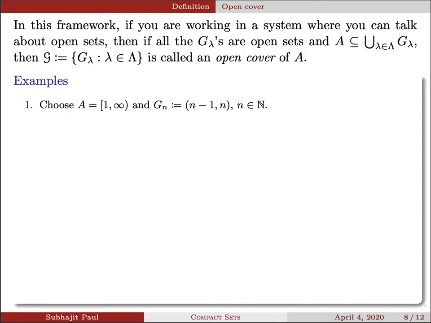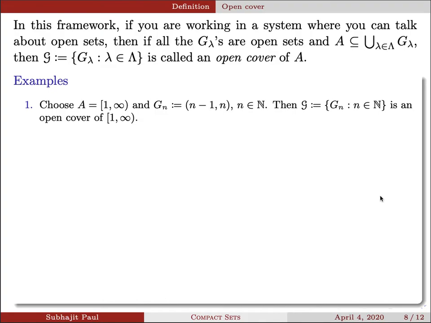For n equal to 2, that is 1 to 2. For n equal to 3, that is 2 to 3, and so on. So this one is an open cover. This G n is an open cover of 1 to infinity.